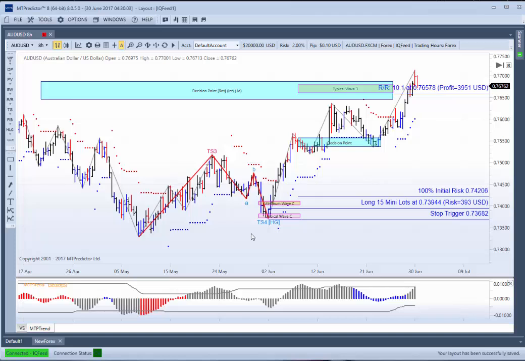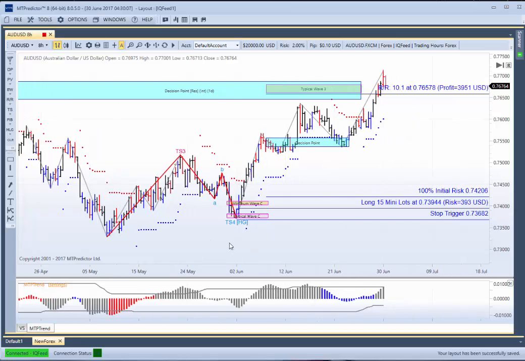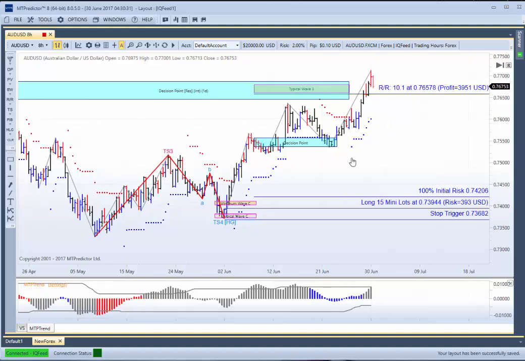So hello to Bill there, and he highlighted this as a potential trade that he was looking at himself. And as you can see, that has also reached its target, where a potential profit of, in this case, 10R was available. So very, very well done to Bill there. That was a good trade setup. And again, we were looking at this over the last couple of weeks in our MTPredictor customer training webinar for MTPredictor customers only. So that was a nice trade there from one of our customers, Bill in Australia.